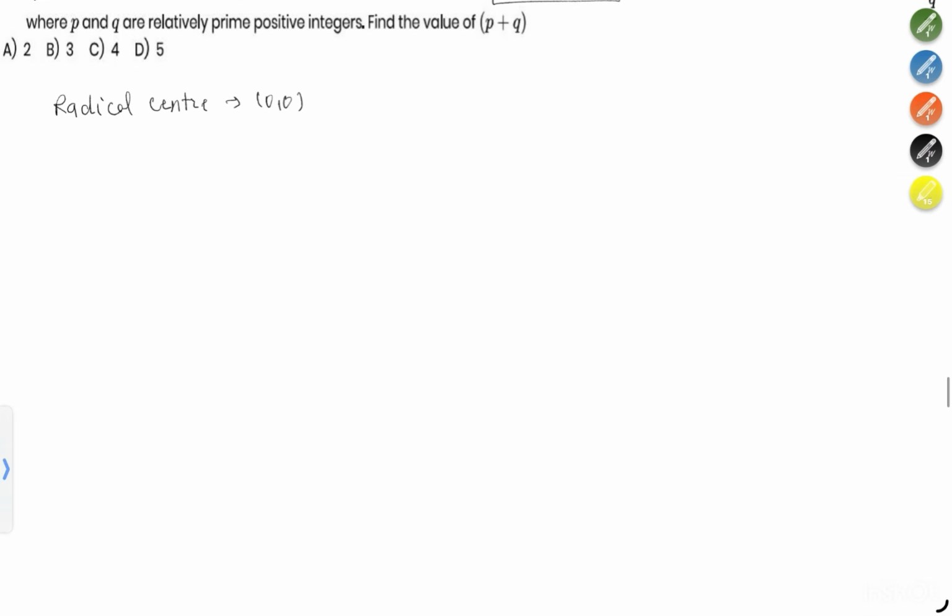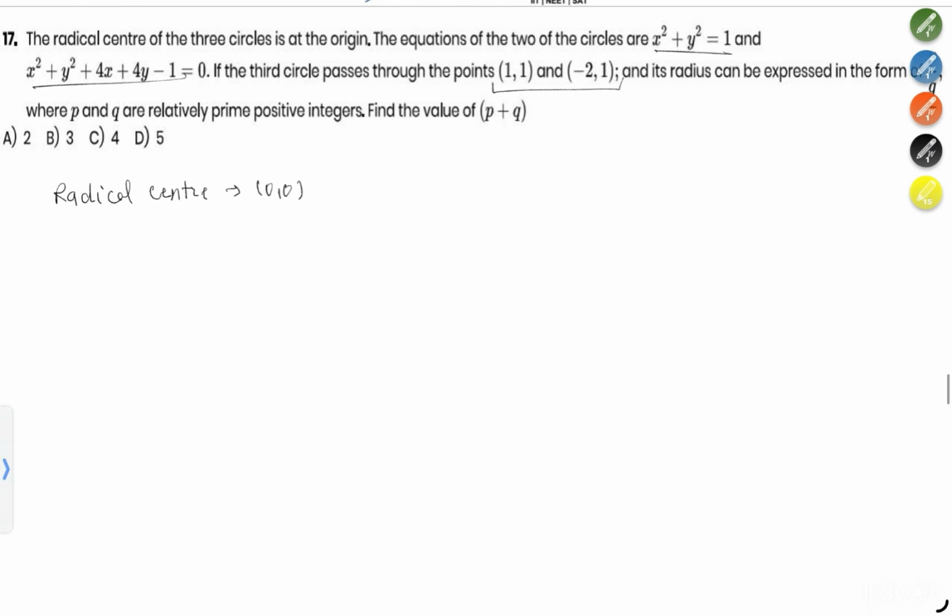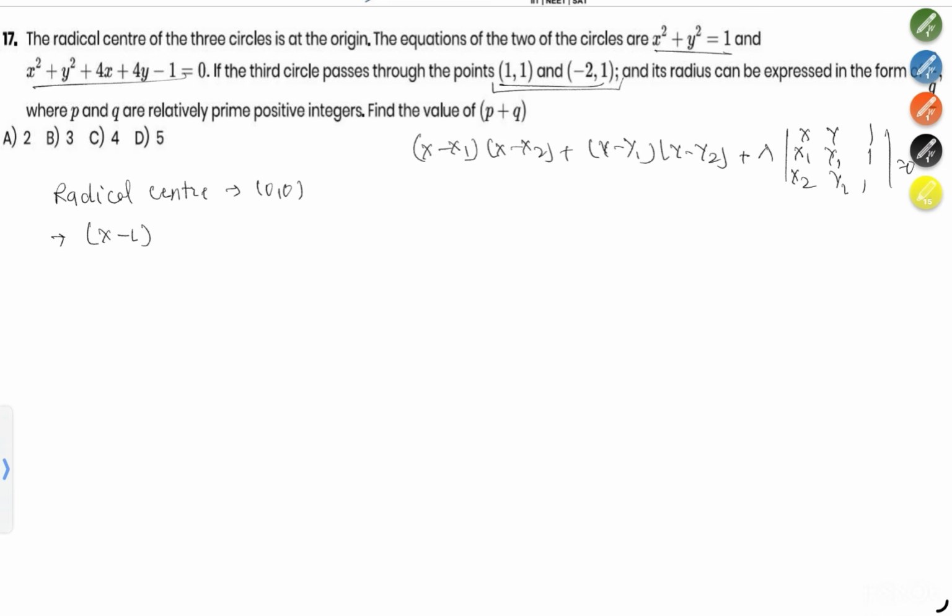Okay. So here we are going to use the equation of a family of circles. So the circle which is passing through these 2 points can be written as (x minus 1)... Which formula are we using? We are using this one: (x minus x1)(x minus x2) plus (y minus y1)(y minus y2) plus lambda times the determinant of x, y, 1; x1, y1, 1; x2, y2, 1, is equal to 0.